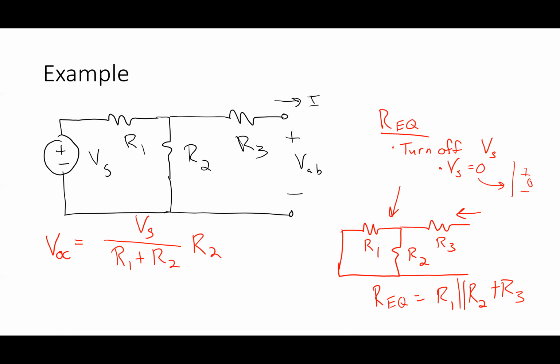However, when I do REQ, on a different slide, I turn off the source, and here's R1 and here's R2. This is a question a lot of you have and probably aren't asking.